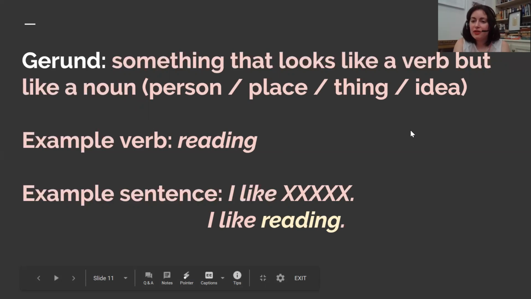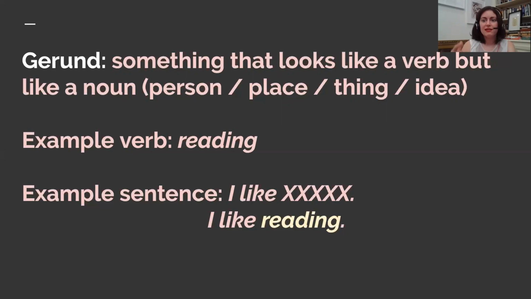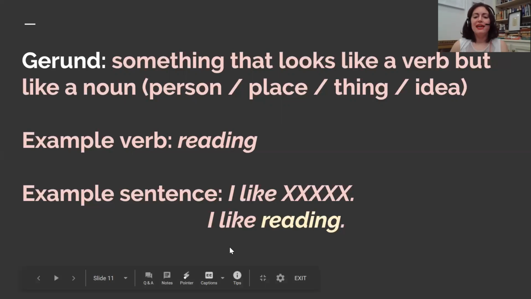So this thing is like the idea of reading, like the concept of reading. Maybe I can't touch it, but it is an idea. It's a concept in my head, reading. It's not an action. In this context, it's almost the thought of reading. Like I love reading. I'm thinking about it. So I could say, I like reading.